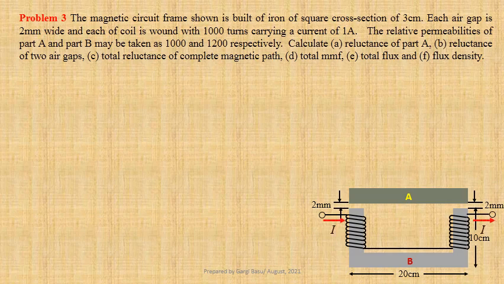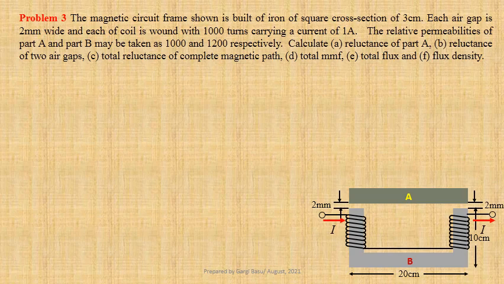The relative permeabilities of part A and part B may be taken as 1000 and 1200 respectively. We have to determine reluctance of part A, reluctance of two air gaps, total reluctance of complete magnetic path, total magnetomotive force, total flux and flux density.